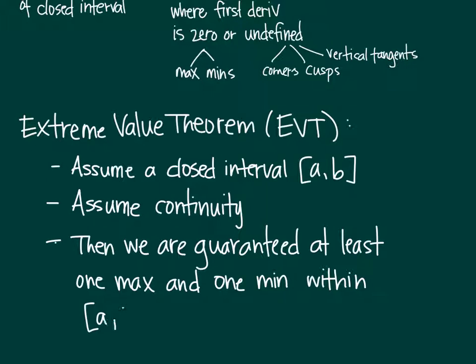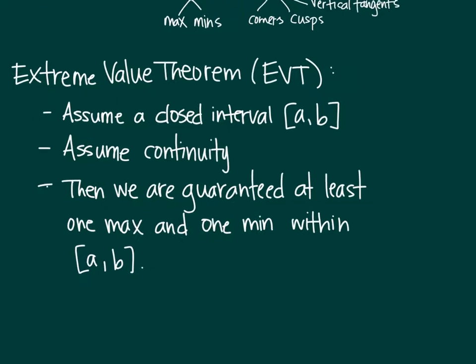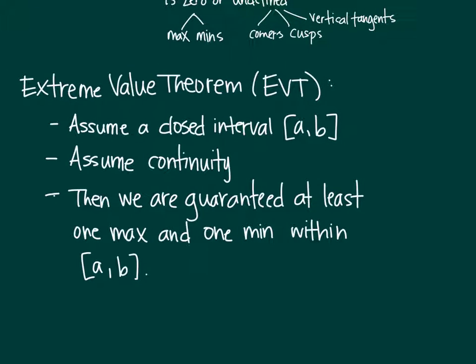And it could include the endpoints as well. All right, assuming a closed interval, assuming continuity, you're guaranteed that there has to be at least one highest value and there has to be at least one lowest value that's higher than all the others and lower than all the others. Okay, that is the extreme.